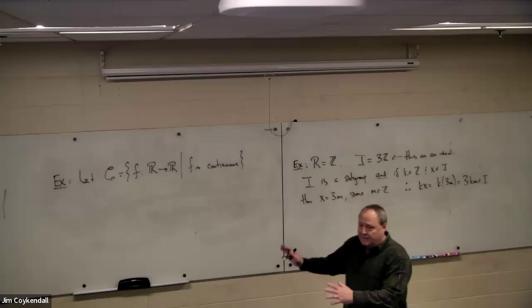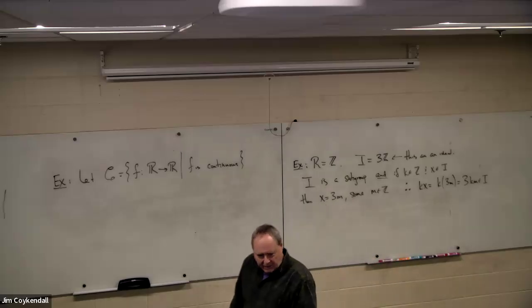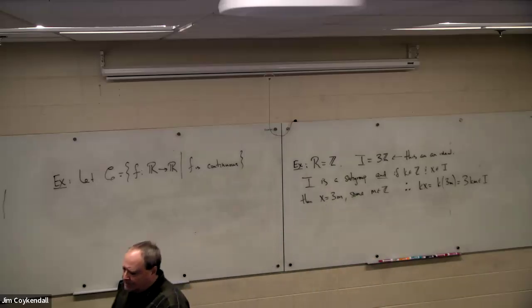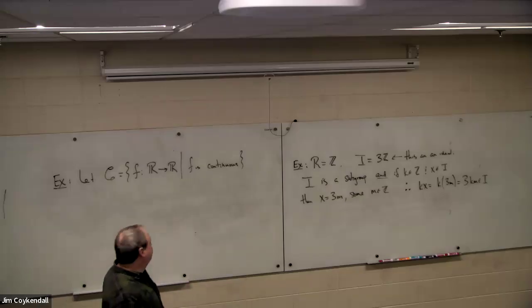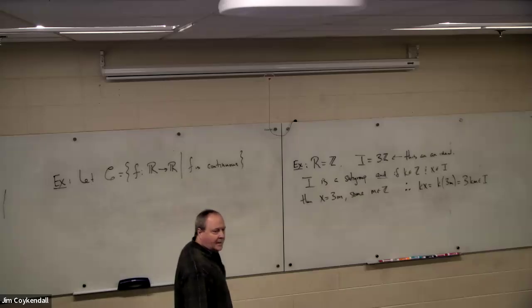For example, any polynomial is in here. Sine x is in there, cosine x is in there, the exponential function is in there. The natural log of the absolute value of x squared plus 1 is in there. So this is full of all kinds of nifty functions.